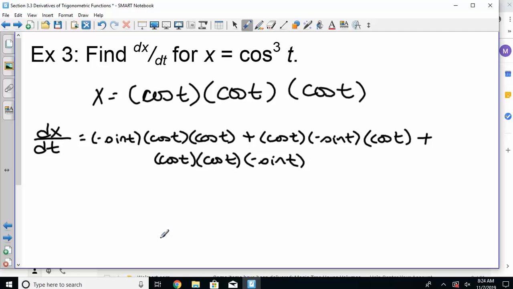So, if I simplify this, negative sine times cosine is negative sine t cosine squared t. Cosine times cosine is also negative sine t cosine squared t.